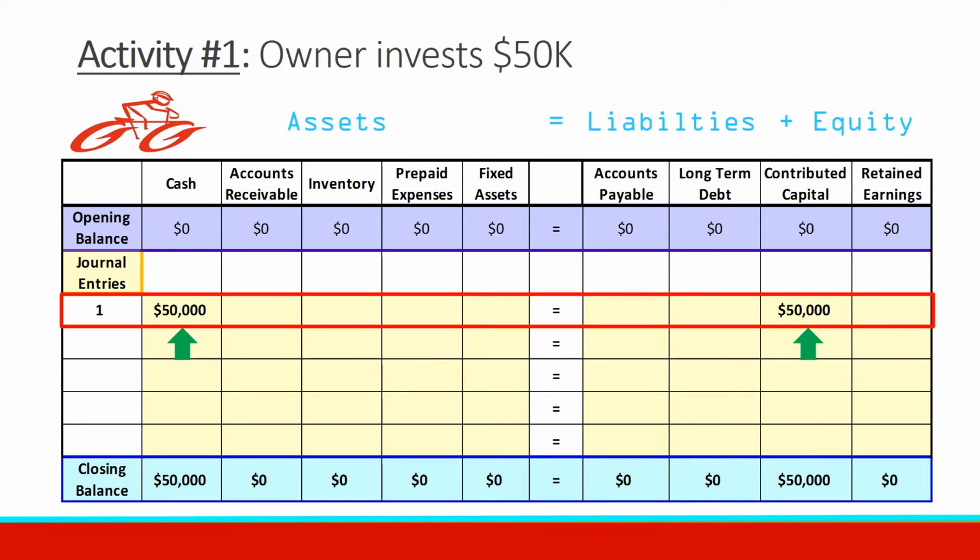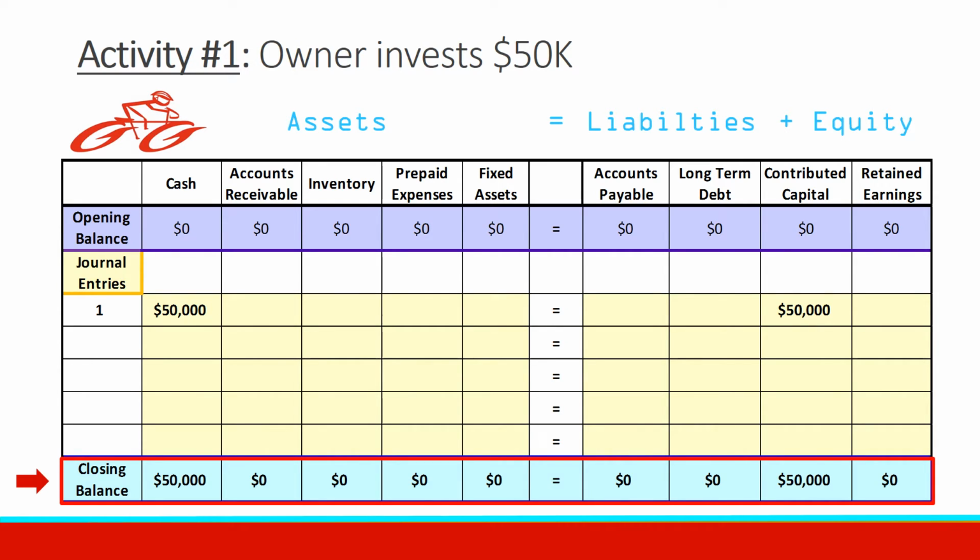So this journal entry will be in balance. We have increased the asset side of the equation by $50,000, and we've increased the liability plus equity side of the equation by $50,000.